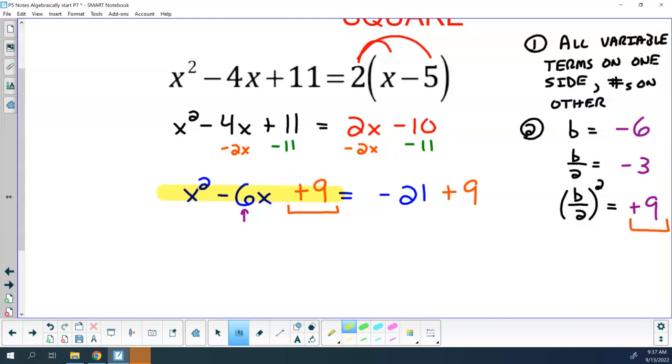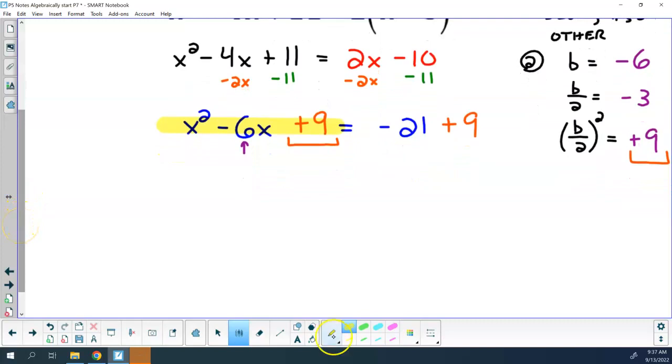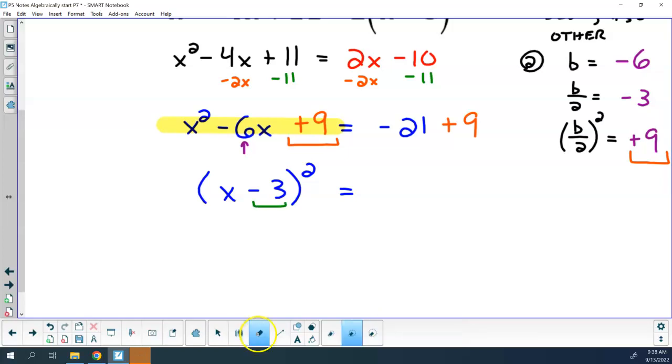And here's the fun thing about what that factors to. It will always factor to something that looks like x minus, or x plus whatever, and that space gets filled in with that number right there.